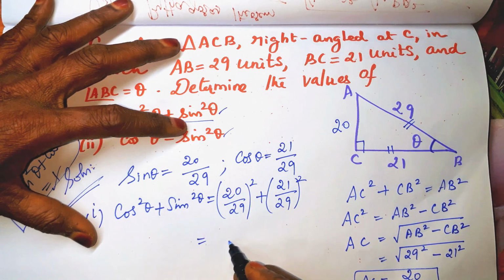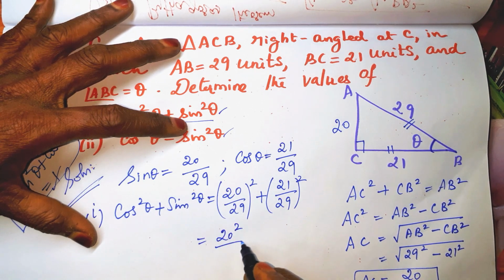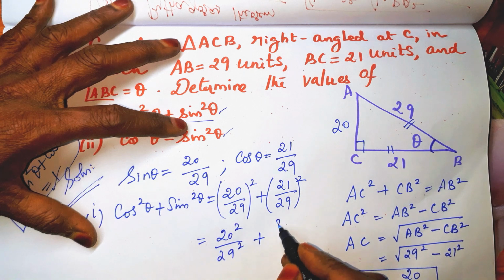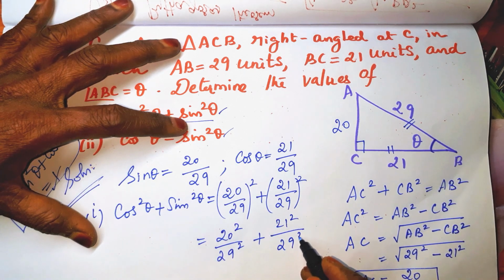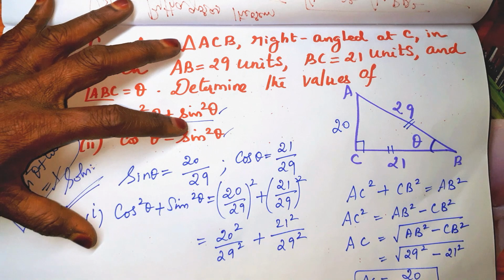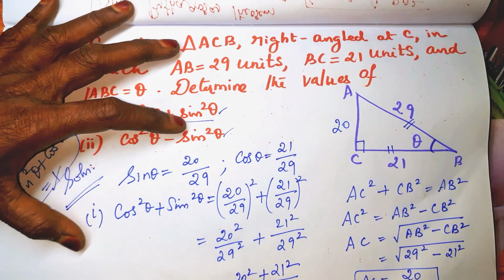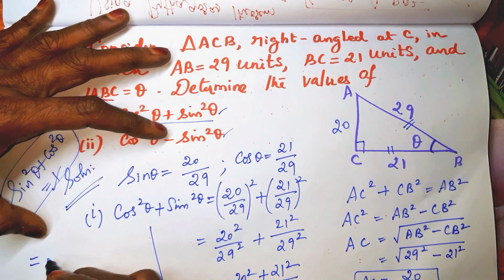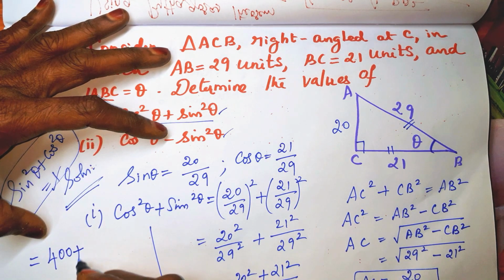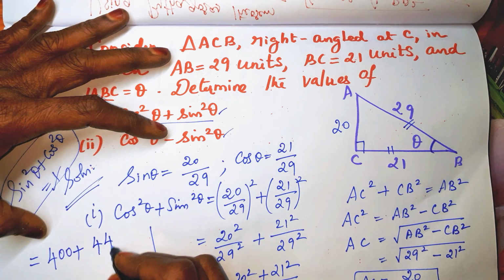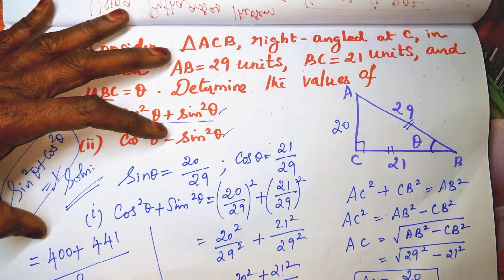Which is equal to 20 squared by 29 squared plus 21 squared by 29 squared. 29 squared is common, so 20 squared plus 21 squared over 29 squared. I'll write here, 20 squared is 400 plus 21 squared is 441, and 29 squared is 841. So which is equal to 841 by 841.